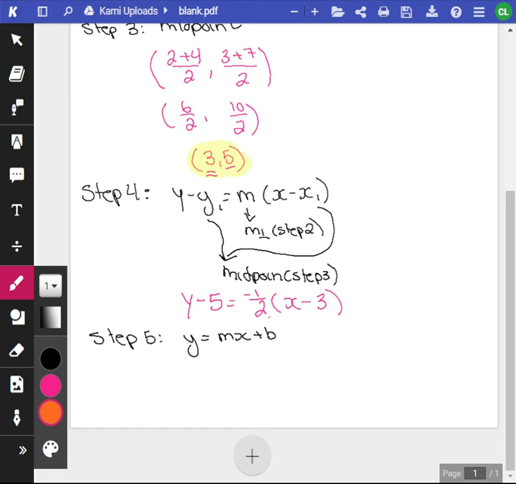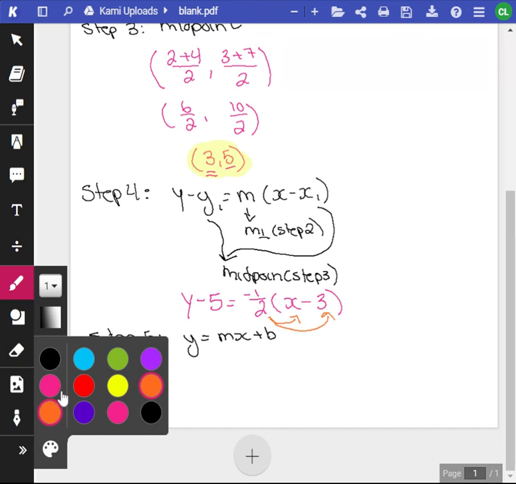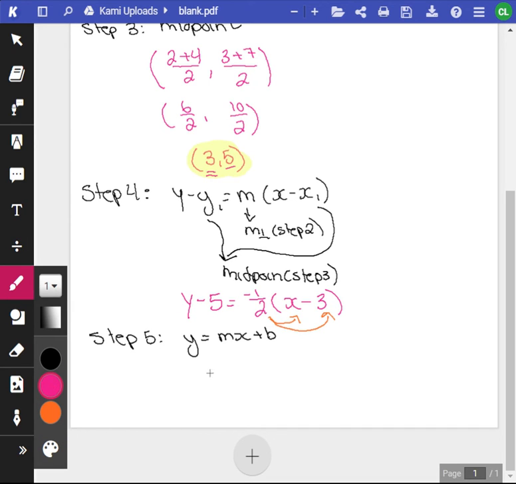In order to do that, we need to expand out this bracket. So taking this negative and putting it into both the x and the negative 3, we have y minus 5 equals negative 1/2 x, now plus 3 over 2. The negative and a negative make a positive.